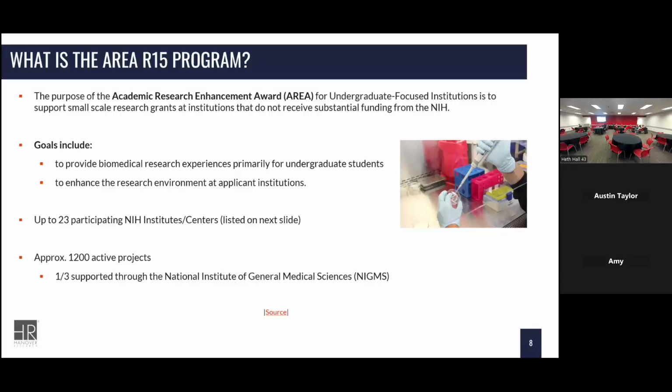So being familiar with where your research area lands, whether or not it involves or has the potential to involve clinical trials, you have a wide range of disciplines and subject areas to pursue. There are approximately 1,200 funded active projects at NIH right now under this mechanism, and a third are supported through the NIGMS.